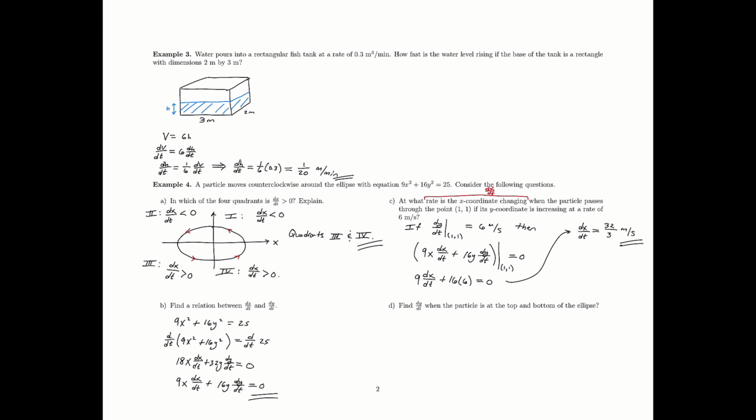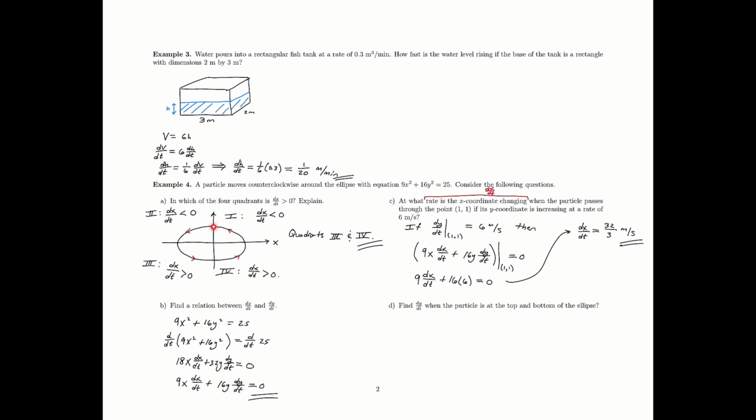Lastly, part D, we want to find dy dt when the particle is at the top and at the bottom of the ellipse. So if we go back over here and think about our picture, if the particle is going counterclockwise, then the top of the ellipse is right here, the bottom is right there.